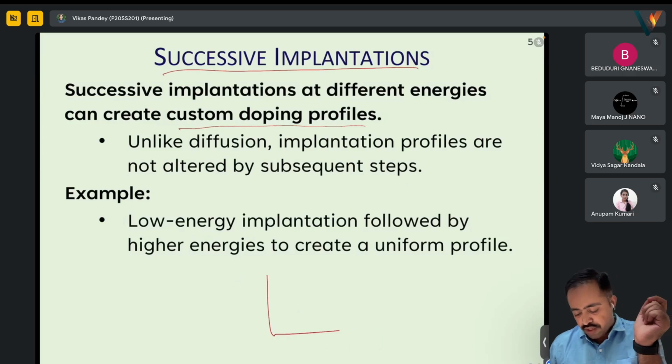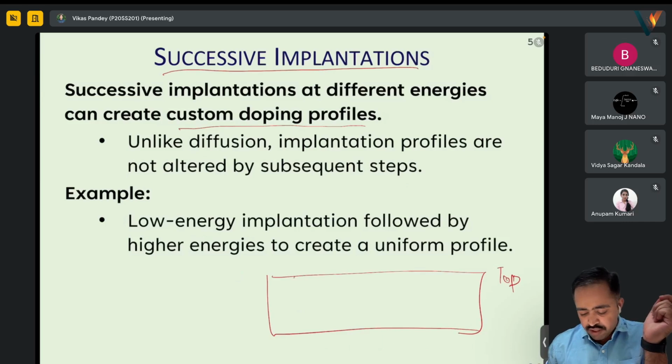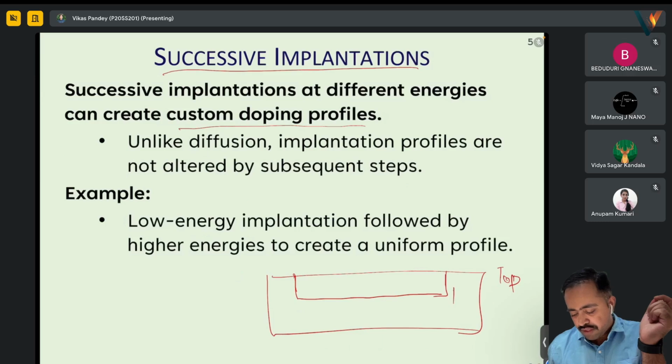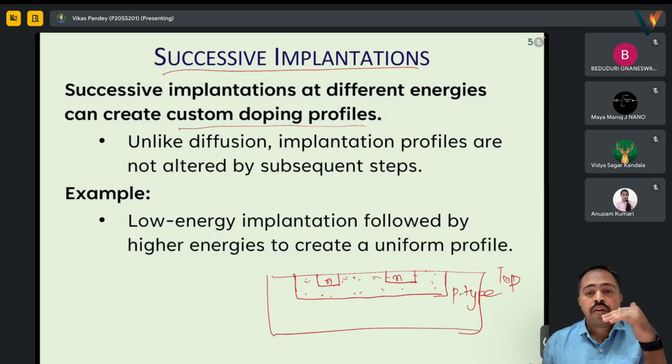Like if we have a wafer, let's say this is the top, and we have doped this area with P, we have made it P type. Now we want some discrete areas to be N type. Suppose we did ion implantation and made this whole area P type first. Now using a mask, we want to make just this N type.